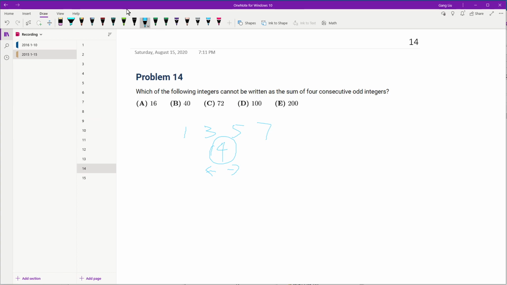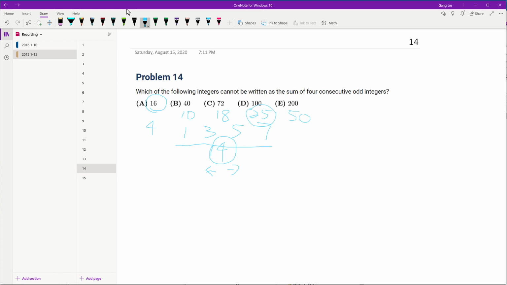So let's try to calculate the median or average of each 4 consecutive numbers. And this is going to be 4. That will work just as this one. And then this one will be 10. They're also going to work. This is going to be 18. And this 25. And this is going to be 50.